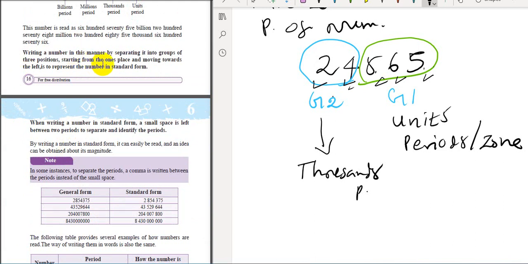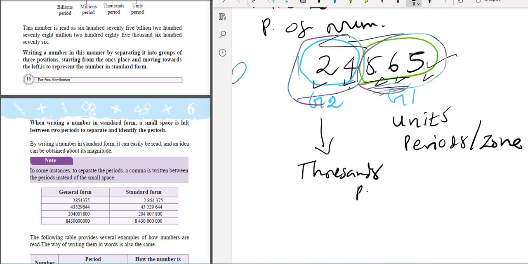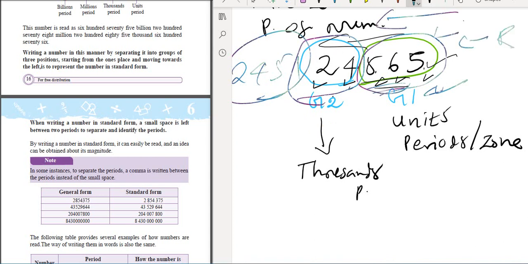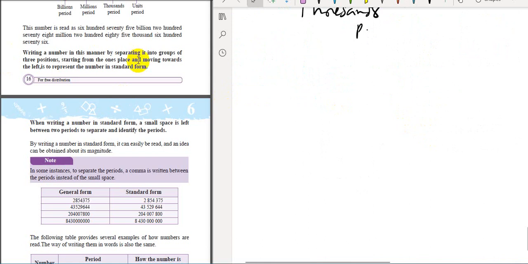Writing a number in this manner, by separating it into groups of 3 positions, starting from the ones place and moving towards the left, from right to left, represents the number in standard form.